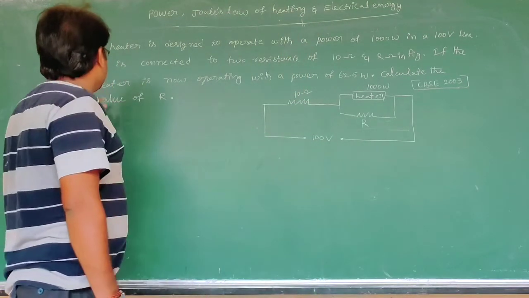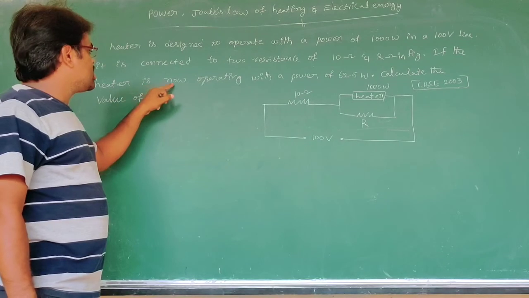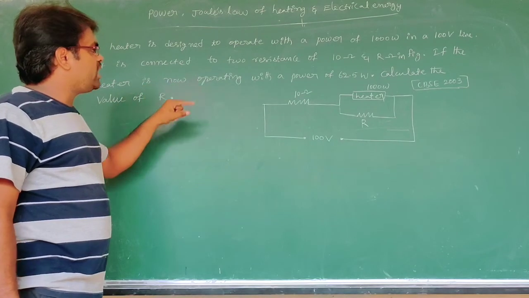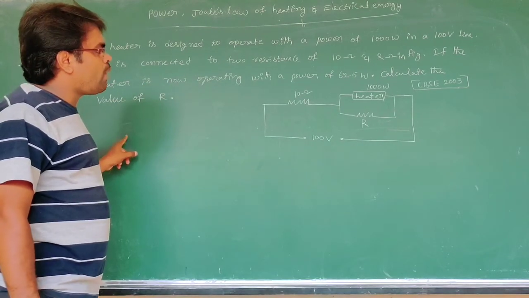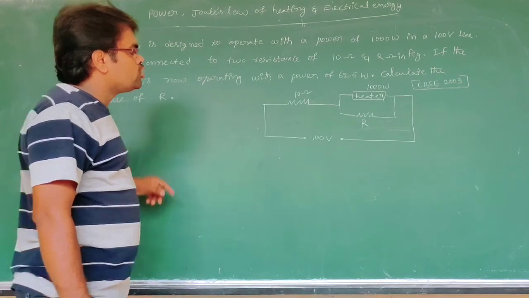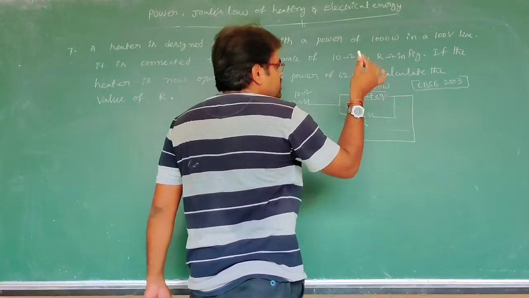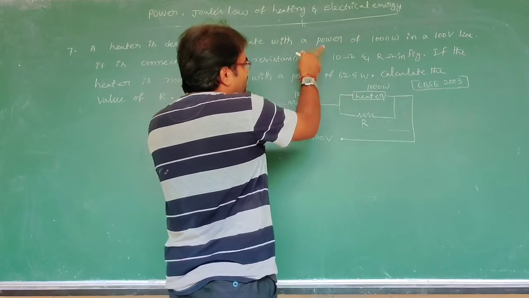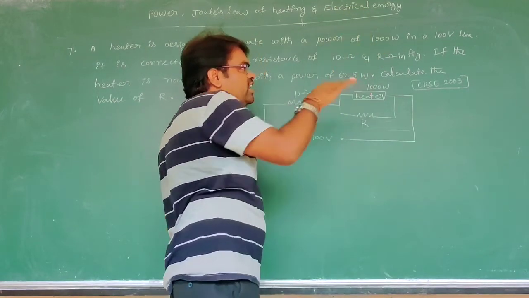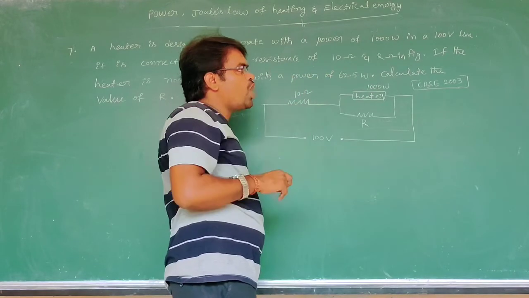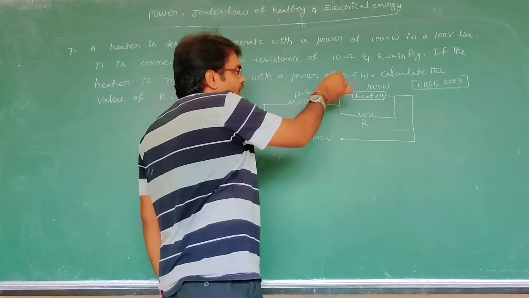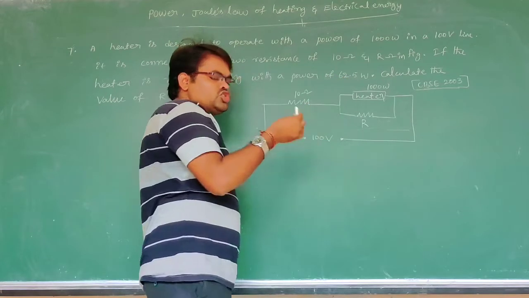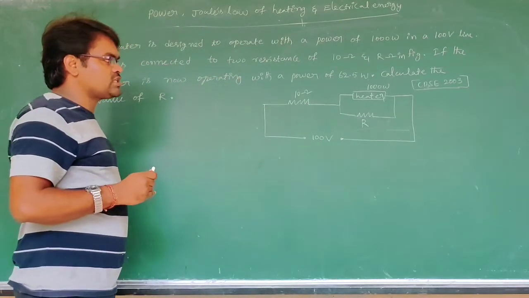If the heater is now operating with a power of 62.5 watts, calculate the value of R. The 1000 watts is mentioned on the heater, but the operating power given is 62.5 watts.